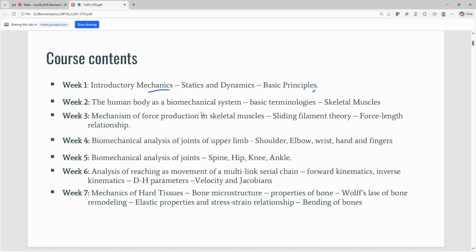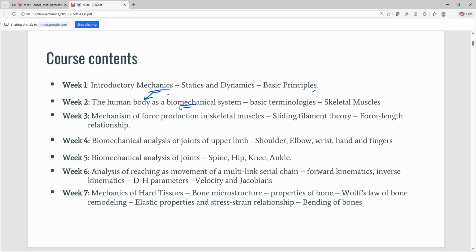And in week 2, how these principles of mechanics can be brought into the human body, that is, the human body as a biomechanical system. As we know, force is not developed as such in the human body. Some chemical reactions are there, then this energy is transmitted to muscles, and the muscles convert this chemical energy into mechanical energy.